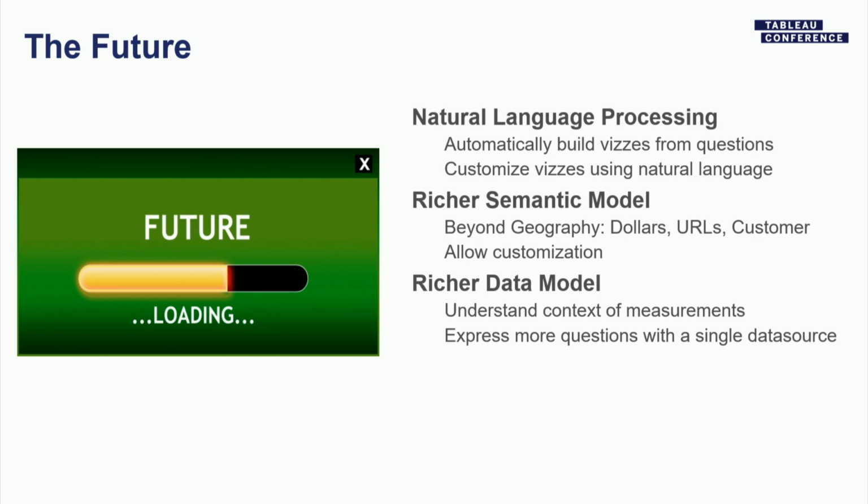It makes the mapping between these words and the questions you have richer, and Tableau is able to understand them even better. Finally, there's the richer data model that we also talked about, being able to understand the context of the measurements.